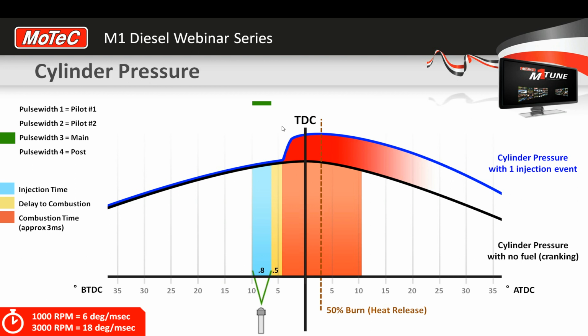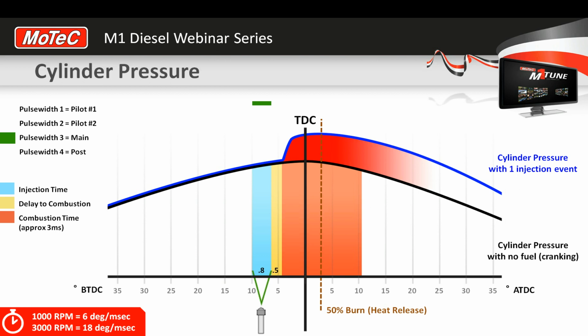Now, the thing to note and get your head around is that, unlike a petrol, we can't start delivering the fuel with our diesel until we get to the injection timing point, the beginning of fuel delivery. So our beginning of injection in this case is starting at 10 degrees.